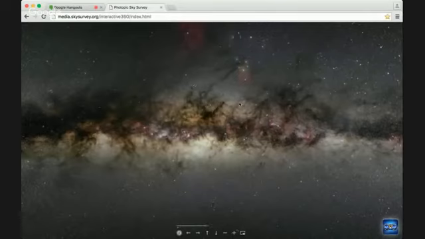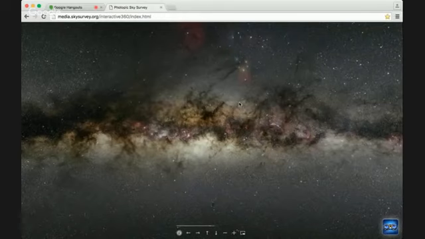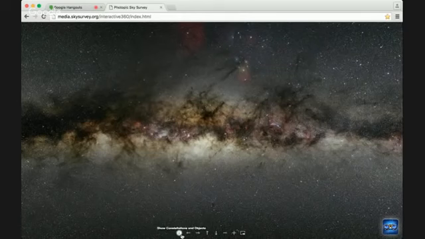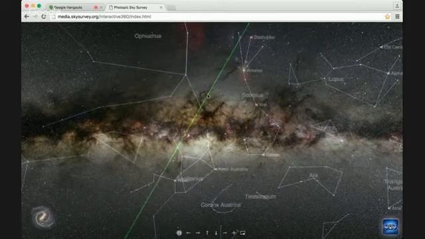All right, well, this is called media.skysurvey.org. Okay, this is basically just astronomical, right? So let's have a look at where the sun is. So here is the center of the Milky Way galaxy, and you can see here there is Scorpio over here and Sagittarius.